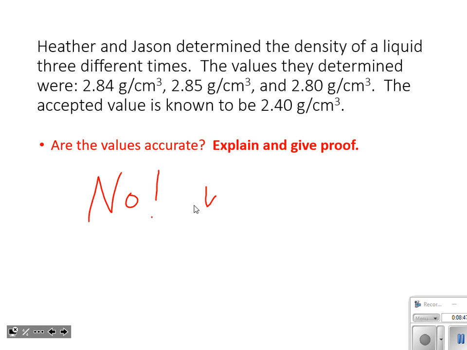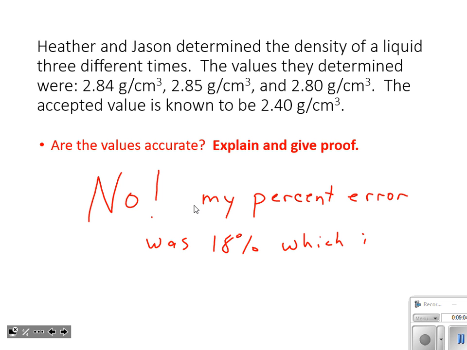My proof was my percent error was 18%, which is much greater than 5%.